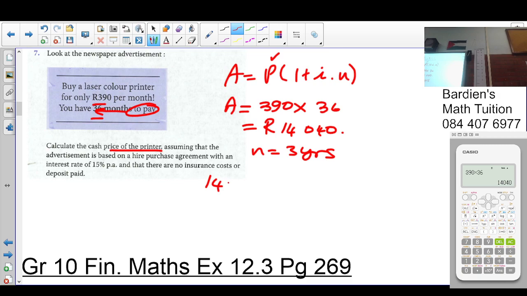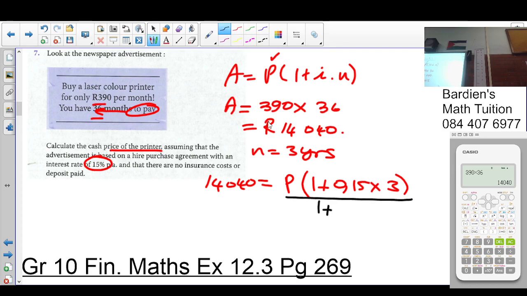So I say 14,040 rand equals, I'm subbing into the formula now, the cash price, which is also your principal in this case, times 1 plus your interest rate, 15%, so 0,15 times 3 years. Okay. So how do I get P on its own? You divide both sides by this interest factor, 1 plus 0,15 times 3.